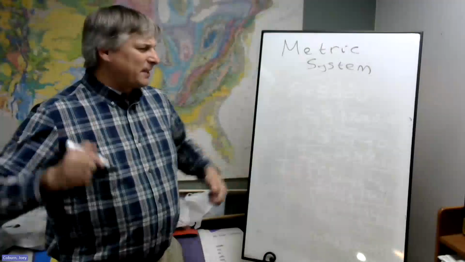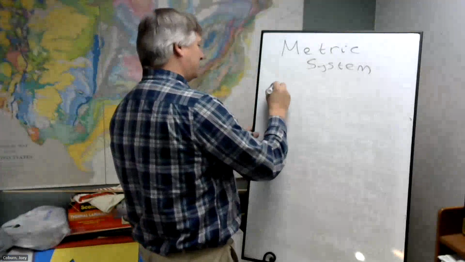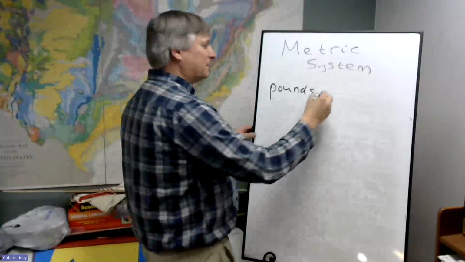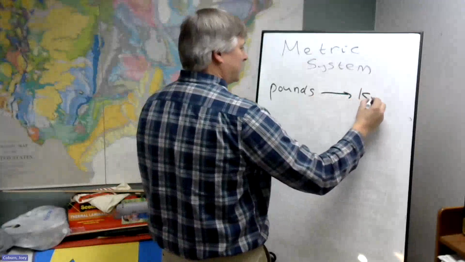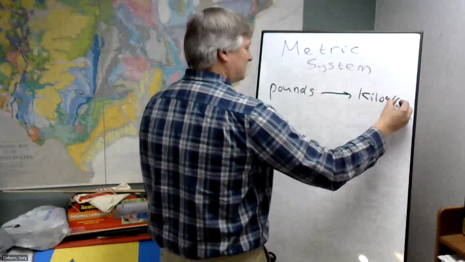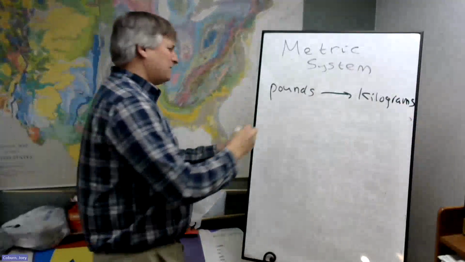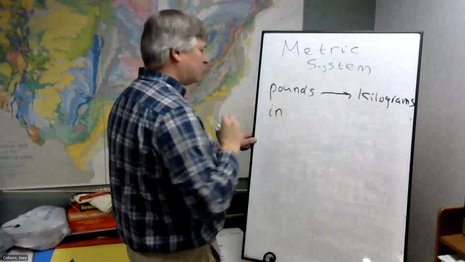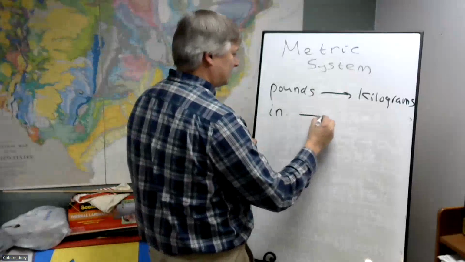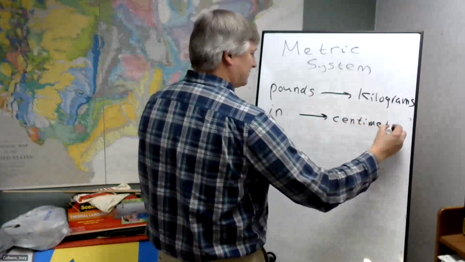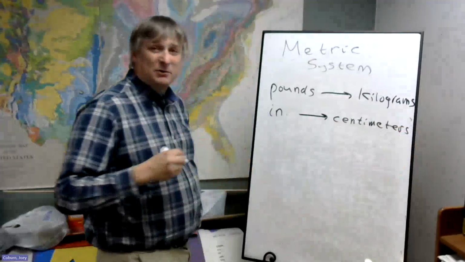So, for example, instead of pounds, like we have in the US system, there will be kilograms in the metric system. Instead of inches in the US system, centimeters in the metric system.